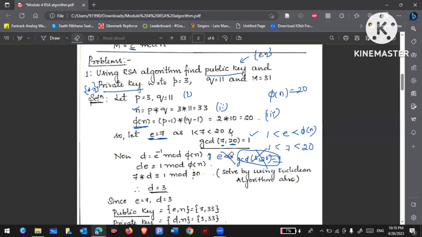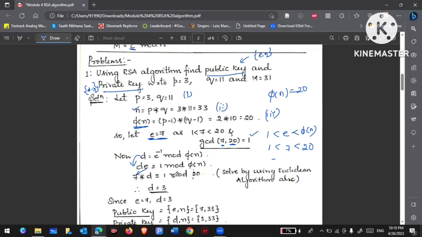Then you have to find out the value of d. How do we find the value of d? By using the formula d is equal to e inverse mod phi of n. As I told, we can write this as d into e congruent to 1 mod phi of n. All values we know except d. E value we know it is 7. d is unknown, congruent to 1 mod phi of n.